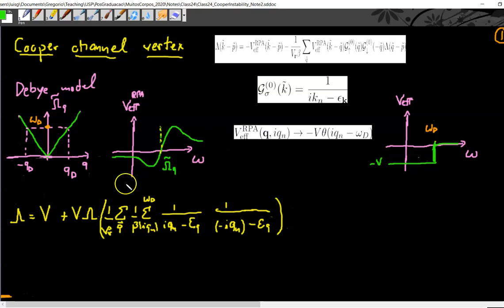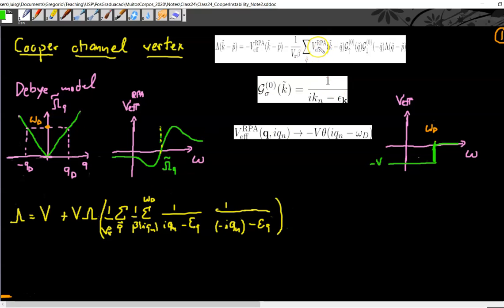So if I now replace this by a constant for frequencies less than the Debye frequency, it means that my sum over frequencies will go up to only the Debye frequency. So that's a cutoff at higher frequency, omega Debye. I still have the sum over momentum, but the interesting thing is that nothing here will depend on momentum. It's just a constant, right?